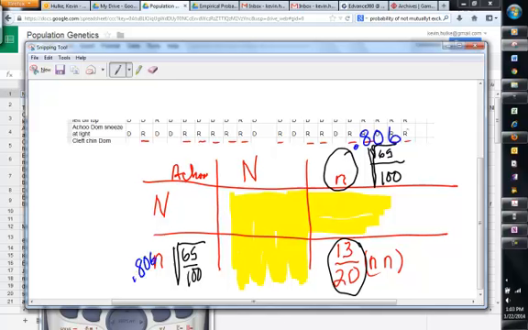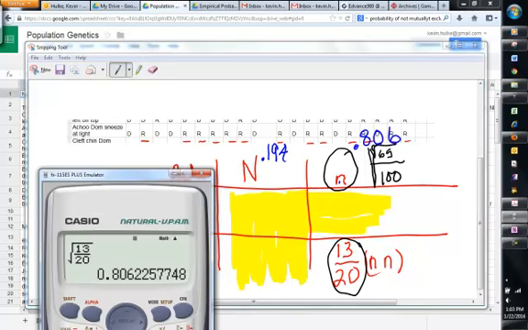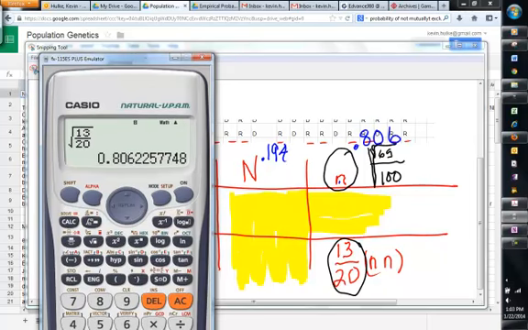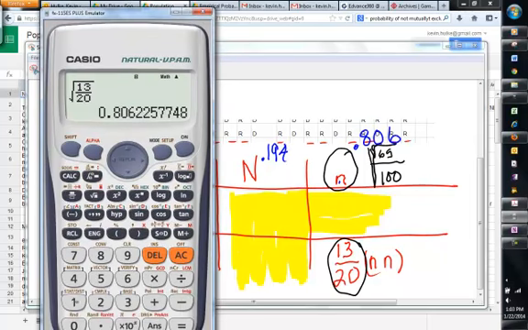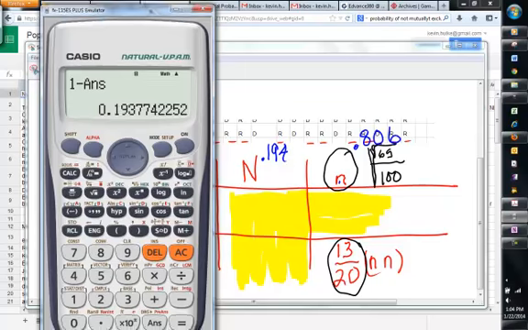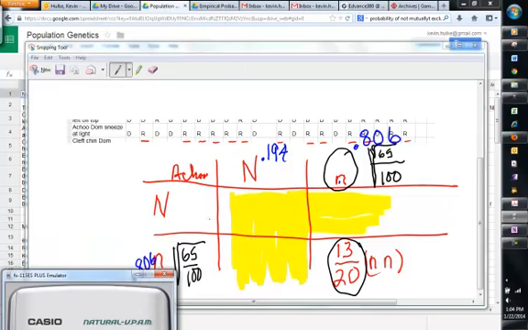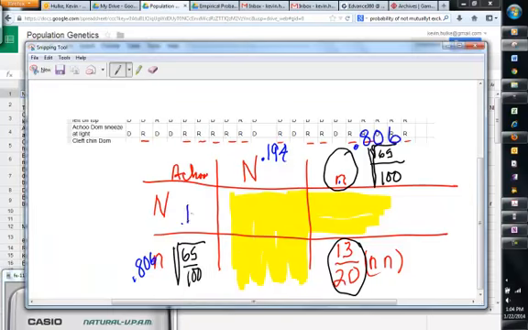These two genes, N and n, have to add up to 100%, so the other is 1 minus our answer, which I'll do on the calculator. It's 0.194. So the dominant trait is 0.194.